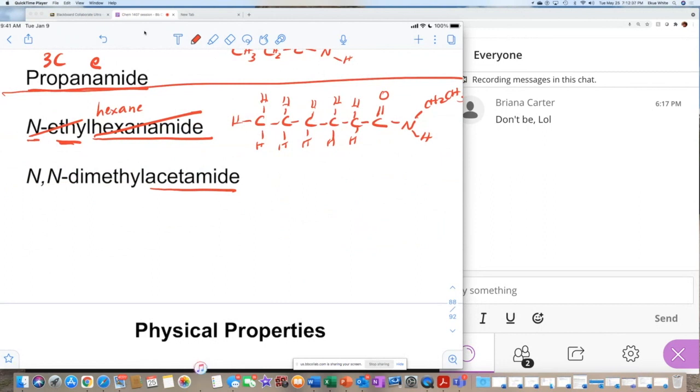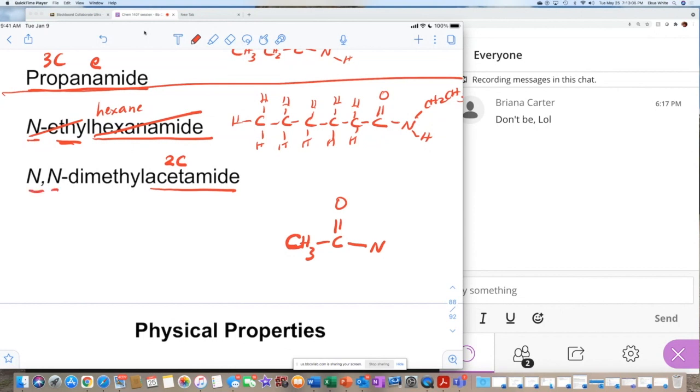The last one is acetamide. They're using the common name. Aceta means 2, versus meth, which is the more technical term. Acetamide is a common term, so this means 2 carbons. The middle carbon, the carbon with the functional group, is right here, with CH3.